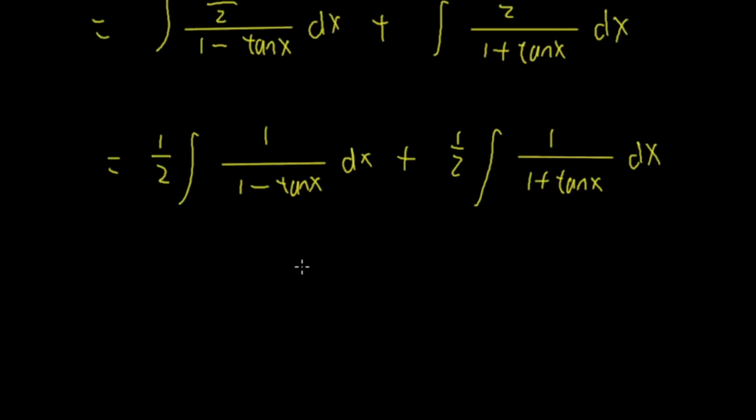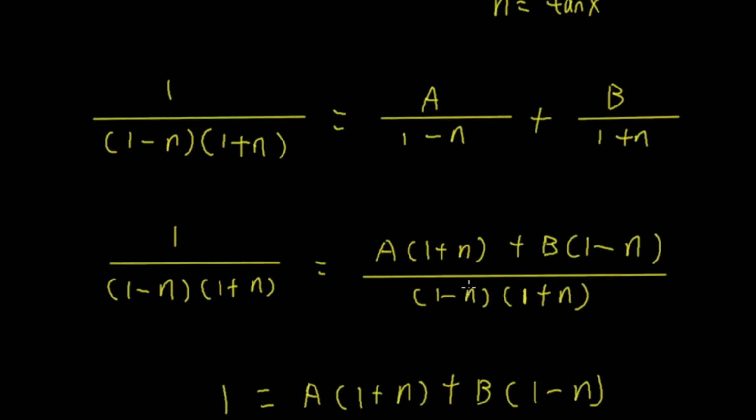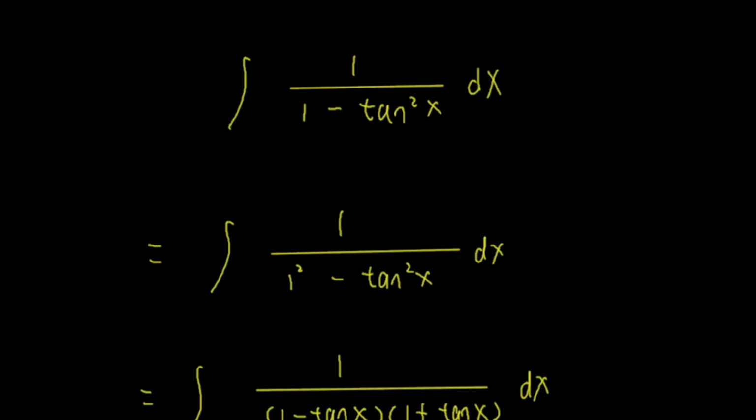Now, how do we integrate 1 over 1 minus tangent x and 1 over 1 plus tangent x? Okay, we can do this here. Half integral of 1 over 1 minus tangent x dx. Okay, so now let's rewrite using the trigonometry identity.